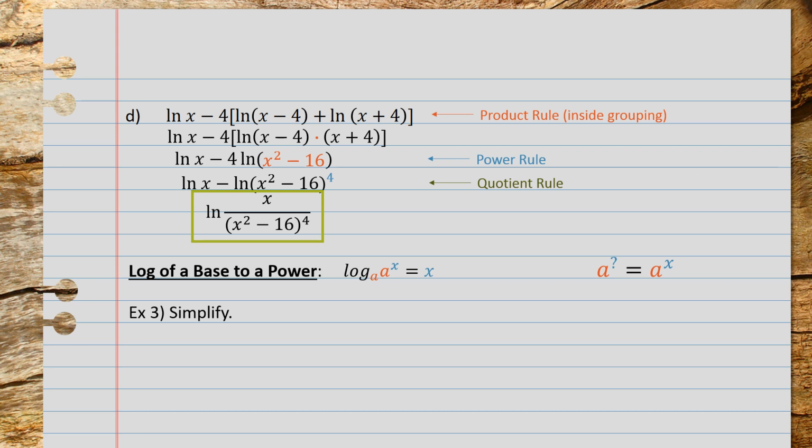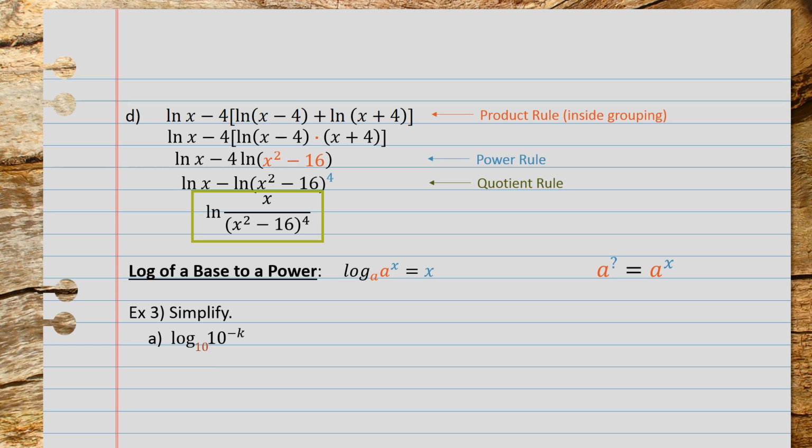So to better understand this, let's look at an example. Example 3 states to simplify. For a, we have log of 10 raised to the negative k power. Now in this example, do you see a base or a sunken down number? No. So if you do not see a base, what is the understood base to be?